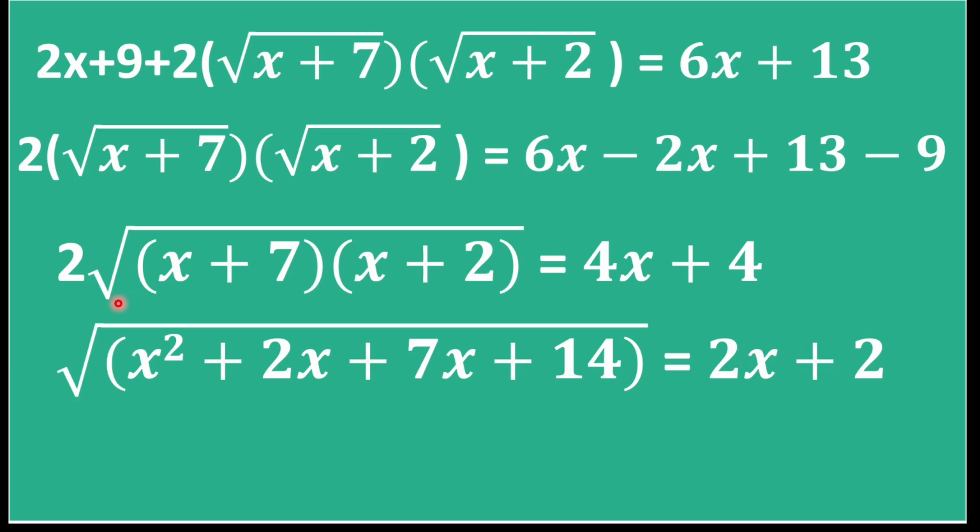Why 2x plus 2? Because this 2 we have divided both sides. This equation we divided by 2, so 2 divided by 2, it will eliminate this 2 from here, and when we divide 2, so this will become 2x plus 2. So overall this equation will become 2x plus 2 with this value.